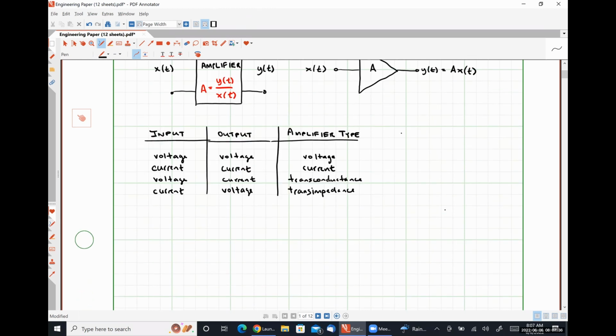And lastly, if our input signal is a power waveform, and our output signal is a power waveform, we have a power amplifier.